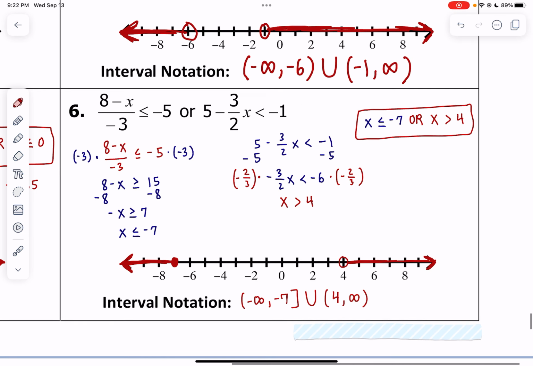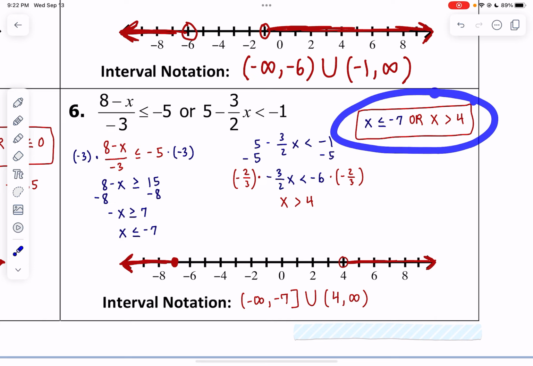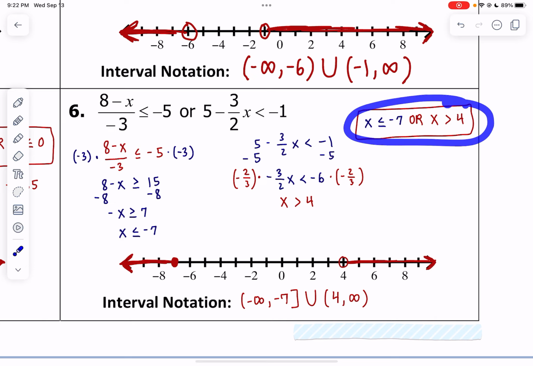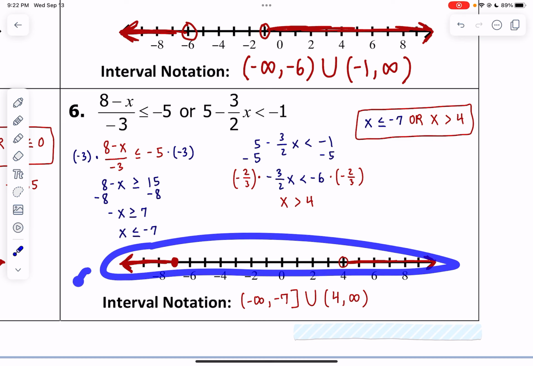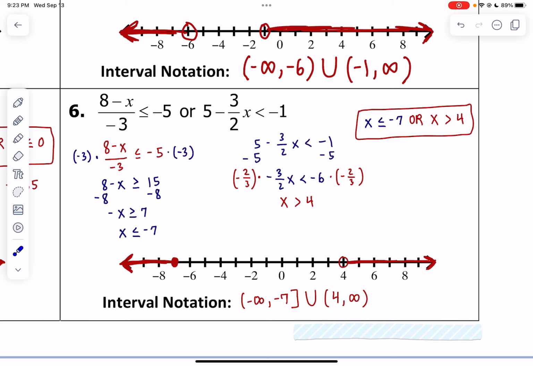So once again, we solved for this compound inequality. From here, we were able to construct our number line. And then from the number line, we were able to construct our interval notation. So hopefully that makes sense.